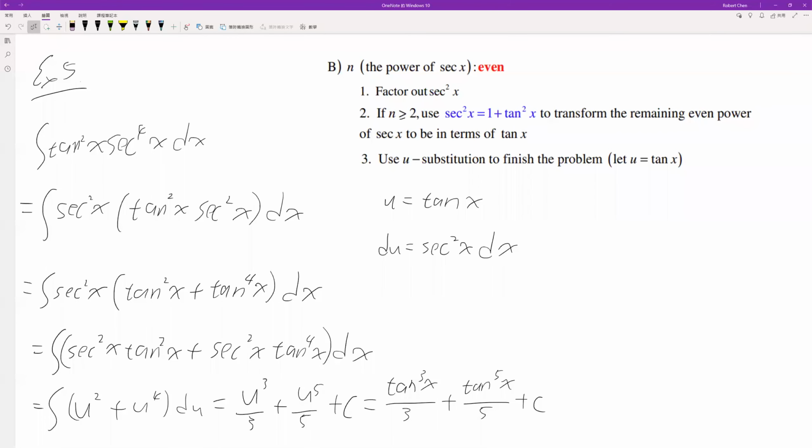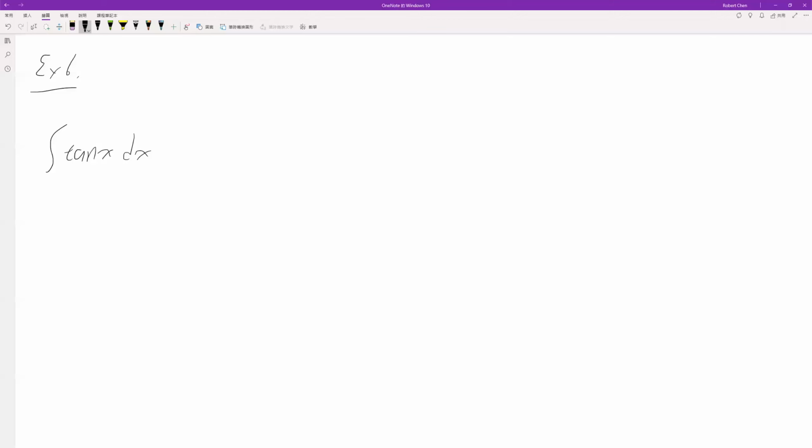So examples 1 to 5 basically sum up almost all the techniques that we can use for integrating any trig integrals. There are some of them that cannot be done using a fixed method, right? So here we're going to show you a few of them. Okay, so this is one of the first ones that does not have a set method.